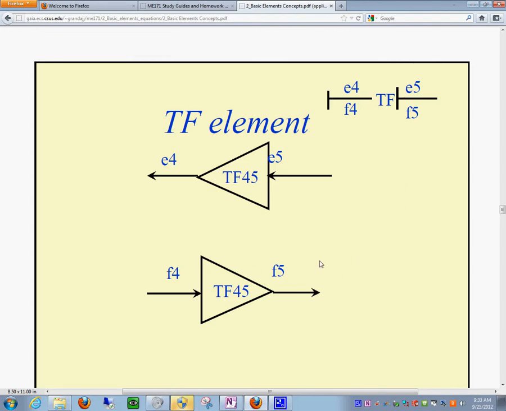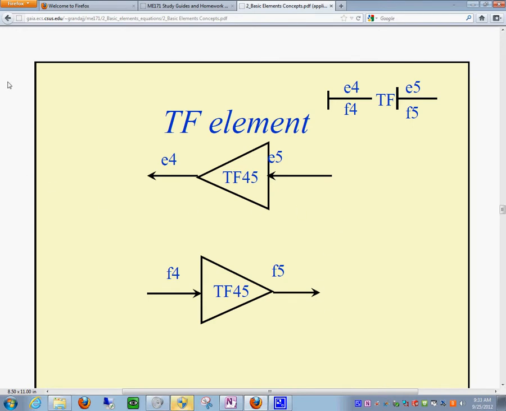See, this thing in here, reading it this way, you get this block. Reading it this way, you get this. Remember what I said, always two equations.